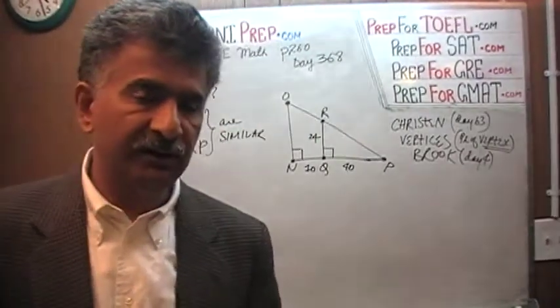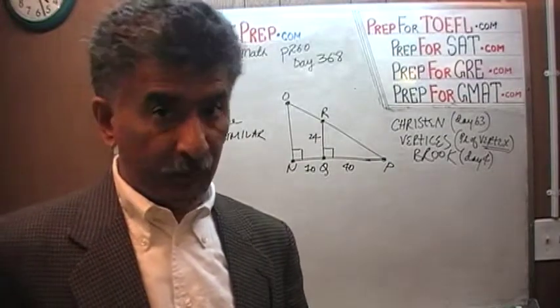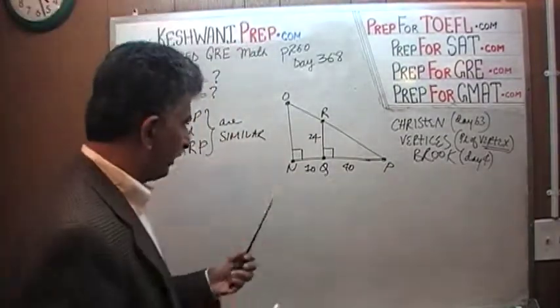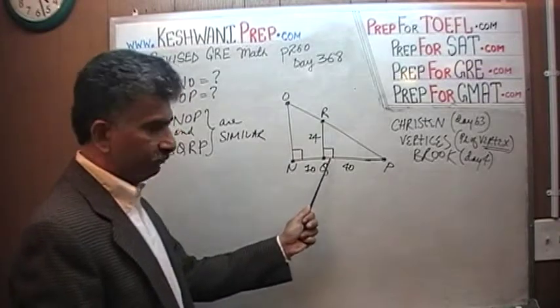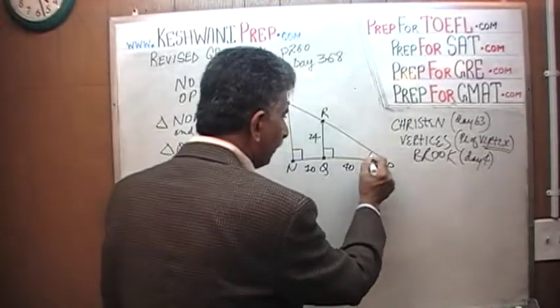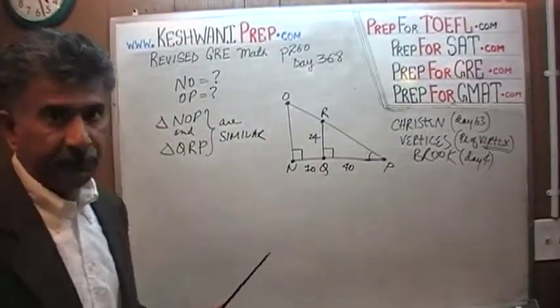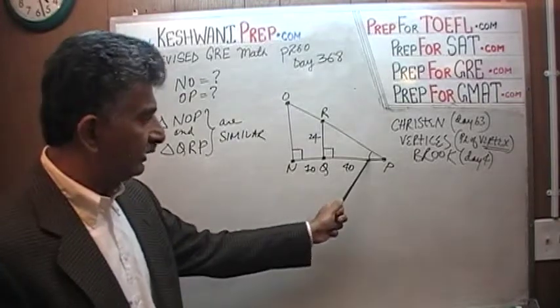It simply means that the three corresponding angles are equal to each other. And we'll see that they are in fact equal here. Okay, watch what happens. Angle N here is 90 degrees and angle Q is 90 degrees. So these two angles are equal to each other, obviously. Angle P, of course, is equal to angle P because angle P is shared by both of these triangles.